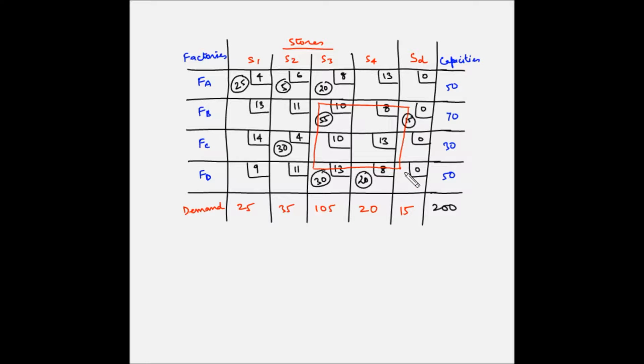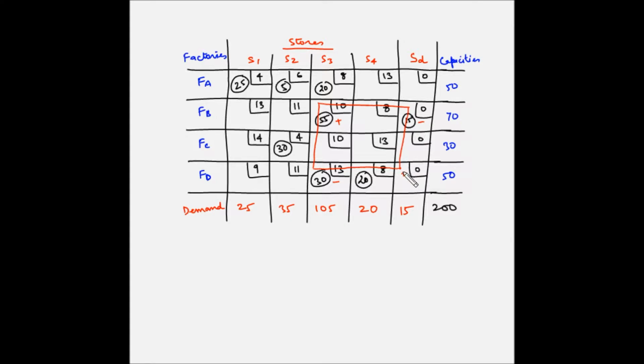Now let's place alternate plus minus signs, starting with the plus sign at the water square. So this is plus, this is minus, this is plus, and this is minus.